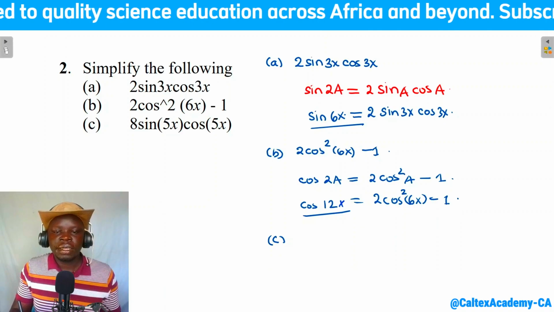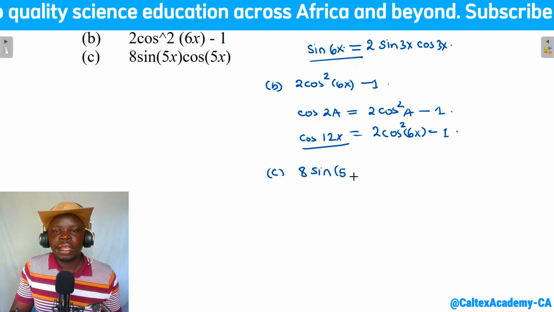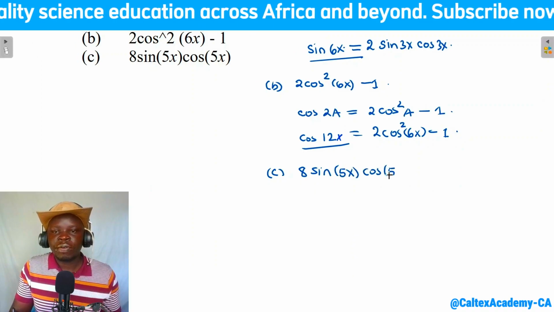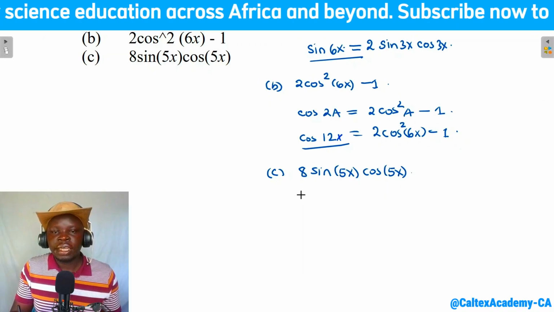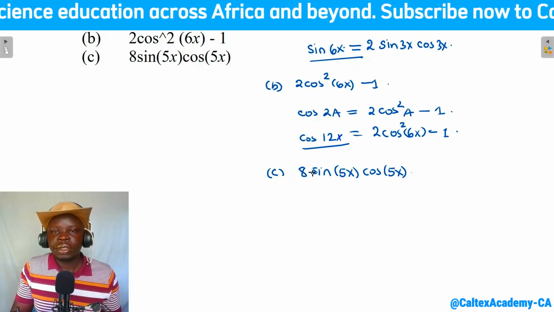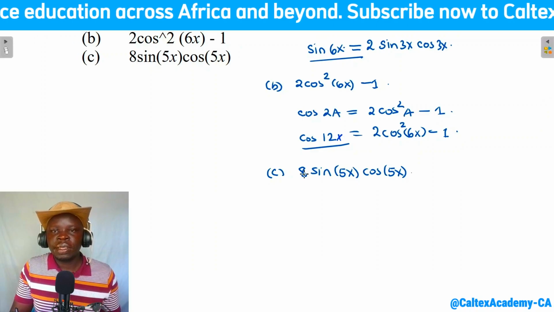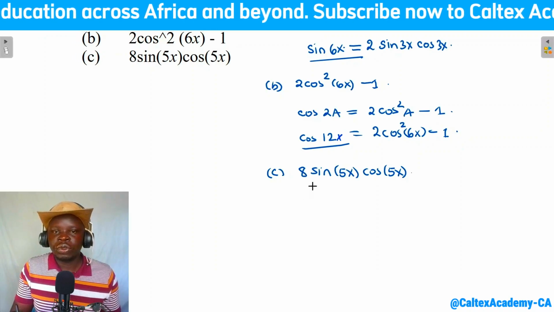And our part C is saying 8 sine of 5x times cos of the same angle 5x. Now one thing you need not to worry about is this 8 here, because somewhere we have this expression with 2, meaning we can make this 8 as a multiple of 4 and 2.